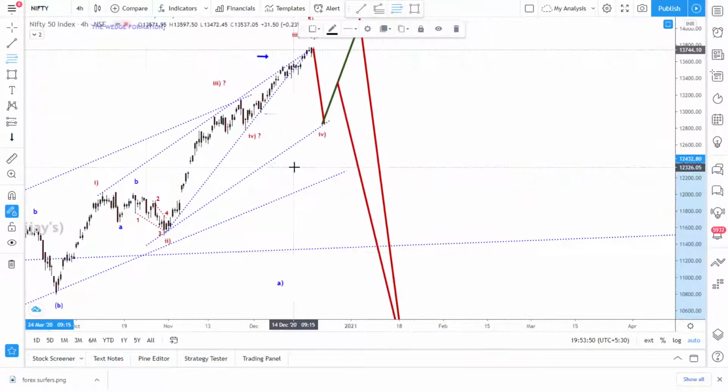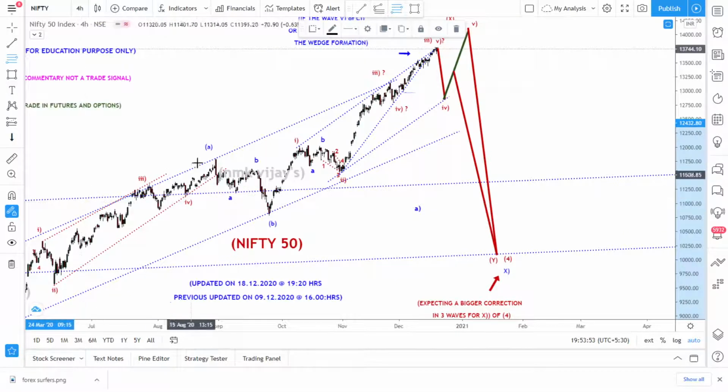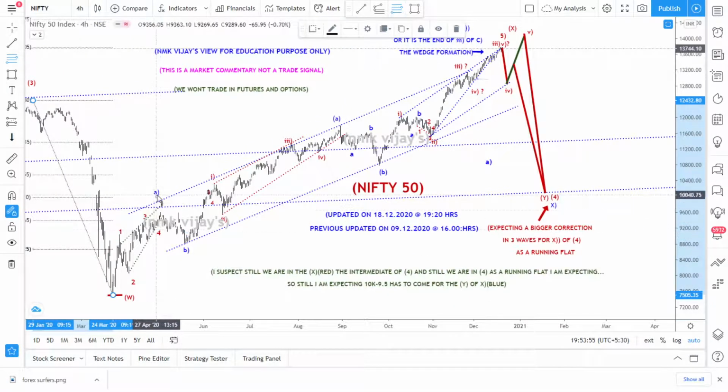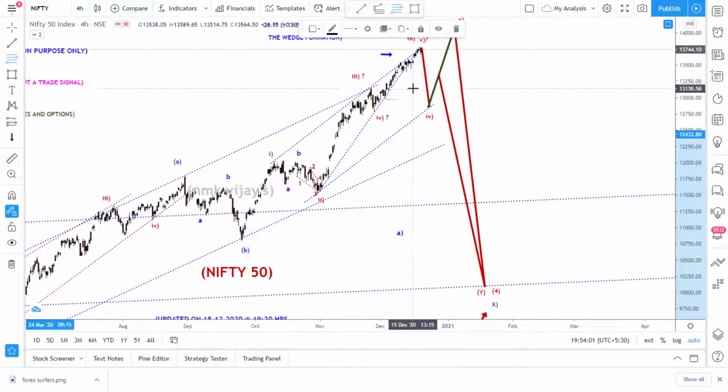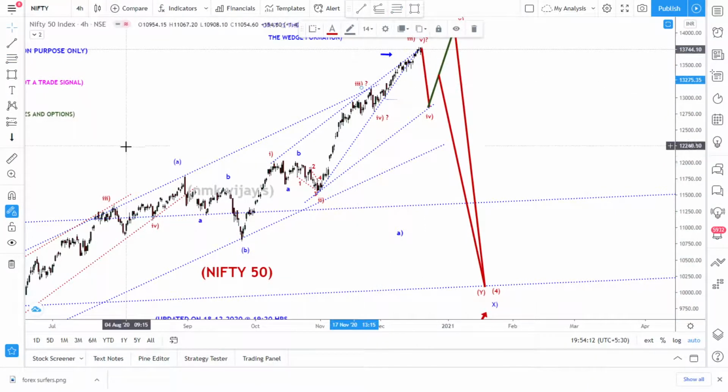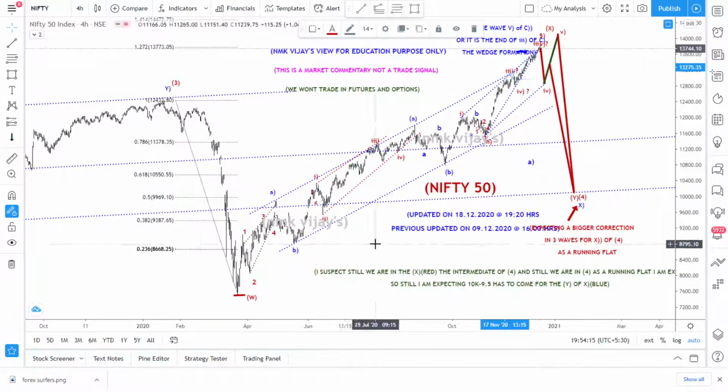And one more doubt here: as per the previous count, this could be a 1, 2, 3, 4. If the fifth wave has already ended, it means 1, 2, here is the 3, this portion is the 4, and the fifth has already ended, which means the whole trend is going to end, because the third and fourth are ended, so the fifth wave has also ended.